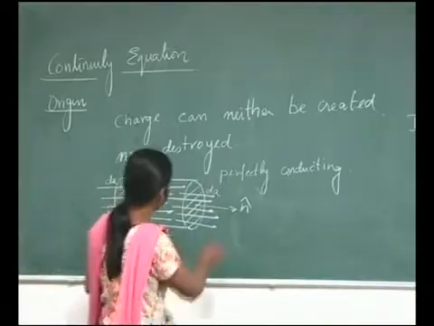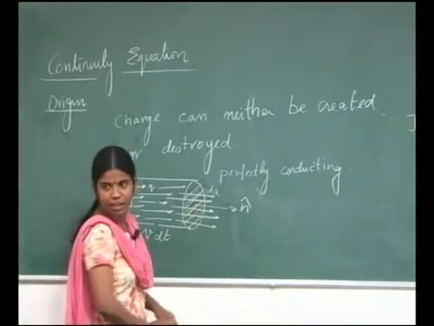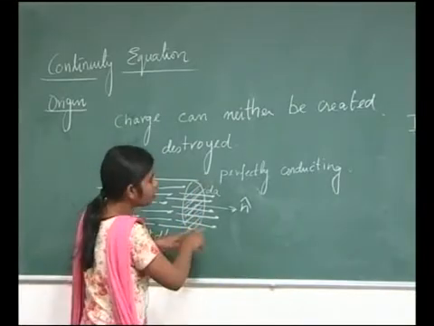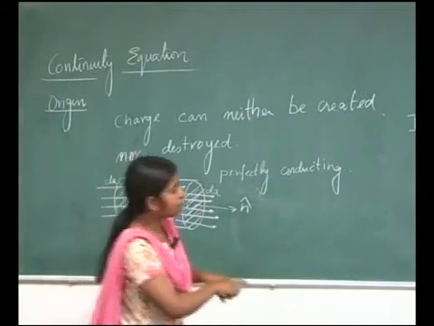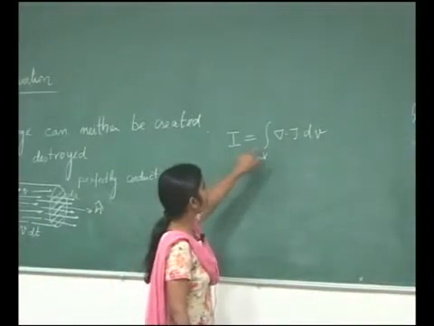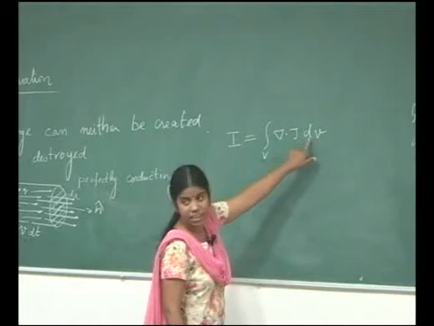My surface is this cross sectional area. Any volume that is going to enclose this surface is this V. So, I can write that I is equal to integral del dot J dV.